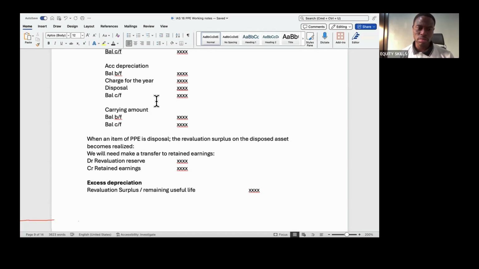And more or less, most items in P&L, any profit you did not distribute ends up in retained earnings. So it would ultimately still go to retained earnings. But the standard specifically mentioned that when revaluation reserve becomes realized, you take it to retained earnings. Good question. Joy, over to you.